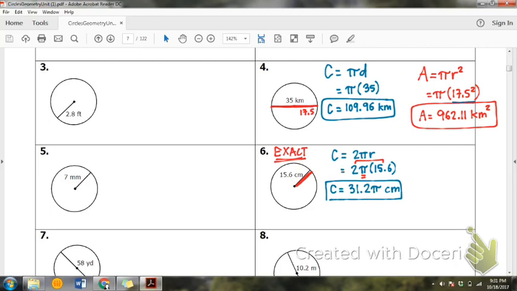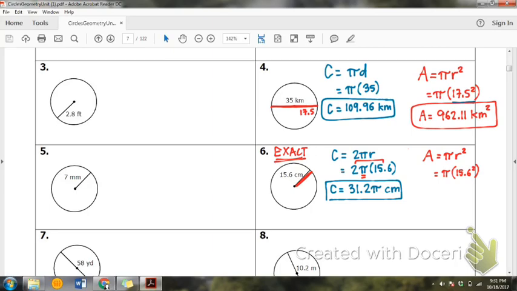Likewise, if we do area, pi times r squared. We already knew our radius. So we have pi times 15.6 squared.